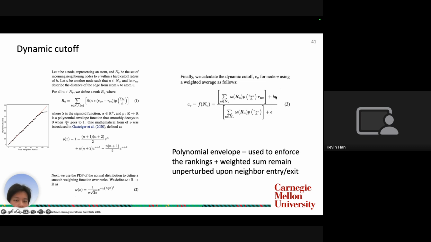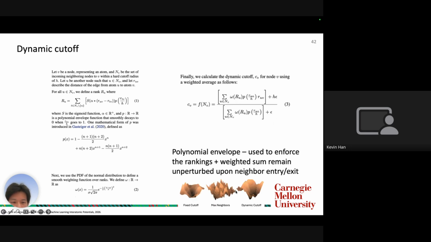But if we only had an epsilon term on the bottom for numerical stability reasons, then these two sums would be 0 because there's nothing in the neighbor list, and we'd have just 0 divided by epsilon, which is just 0. So what we do is multiply this upper epsilon term with H, which is our fixed cutoff, in order to make sure that our dynamic cutoff approaches H as the last atom leaves the fixed cutoff H.